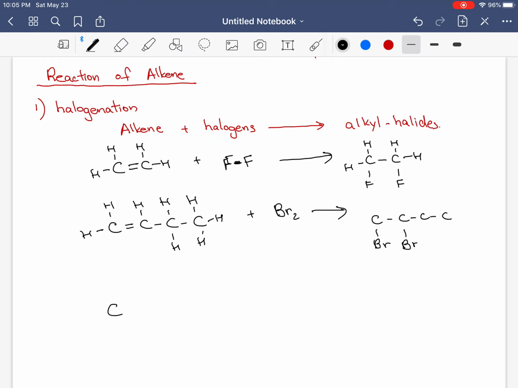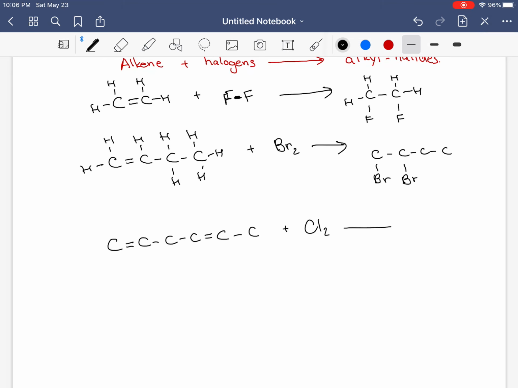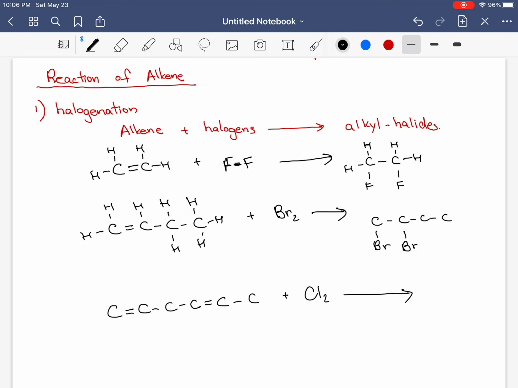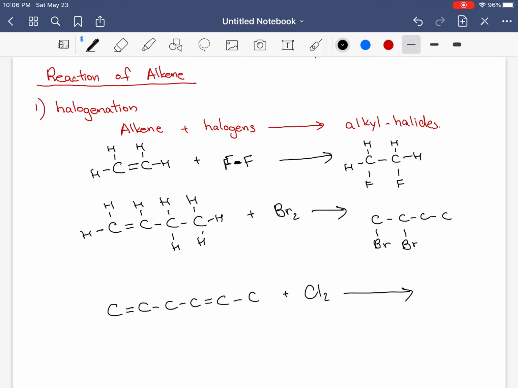Now, does it get trickier? Absolutely. What if I have a multiple alkene, and I'm reacting it with chlorine gas? What am I going to get? Oh, I keep forgetting about catalysts. Shame on me.